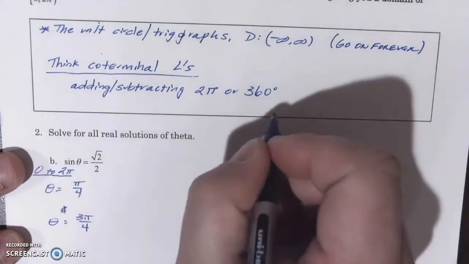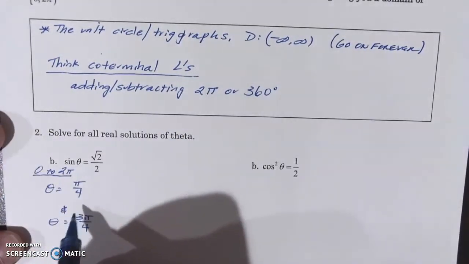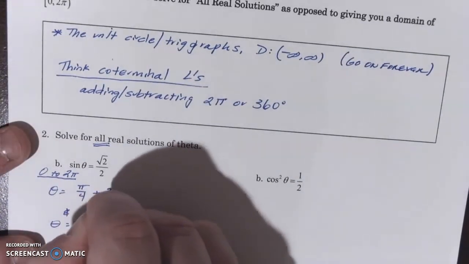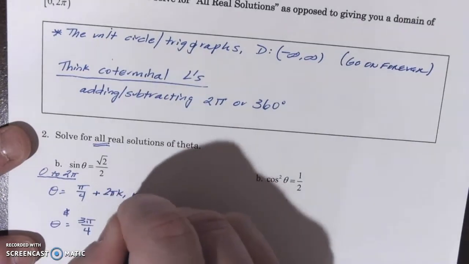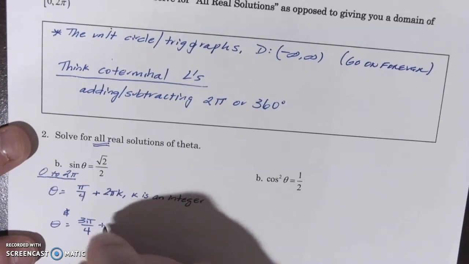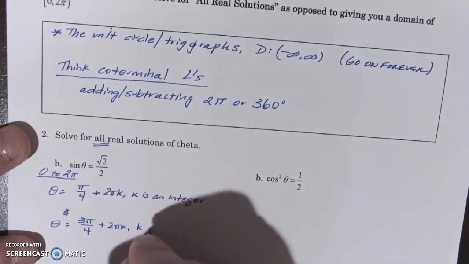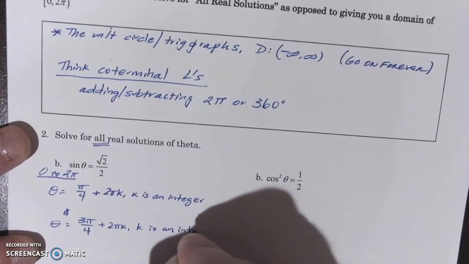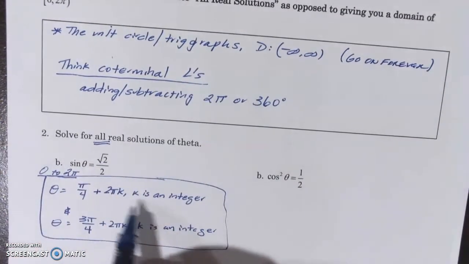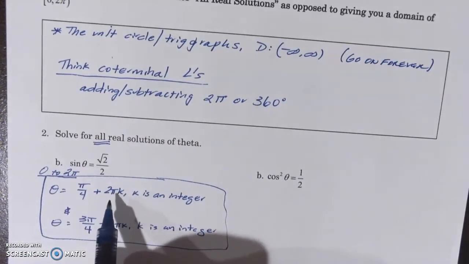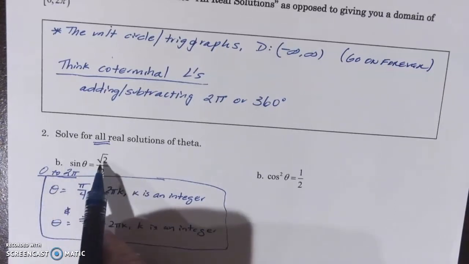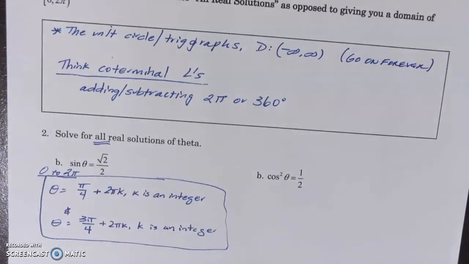So if we wanted to use this notation to think of all of the solutions, we would say plus 2 pi k, where k is an integer. Which means no matter what you plug in for k, any integer, 0, 1, 2, 3, negative 4, negative 5, negative 1, negative 2, you will end up at an angle whose sine value is positive root 2 over 2.